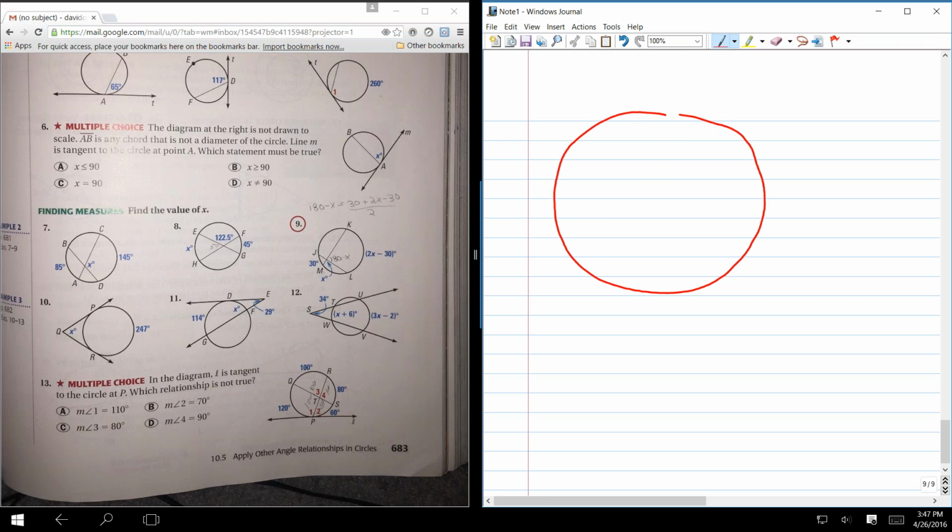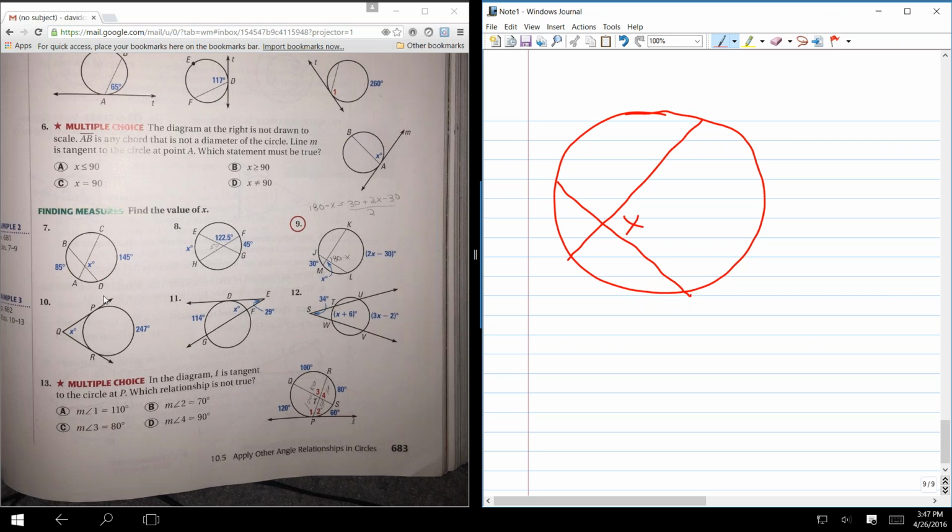You add them and divide by 2. So what's angle X? It should be 115. So if I add them, I get 230, divide by 2, 115, and 115 looks correct.